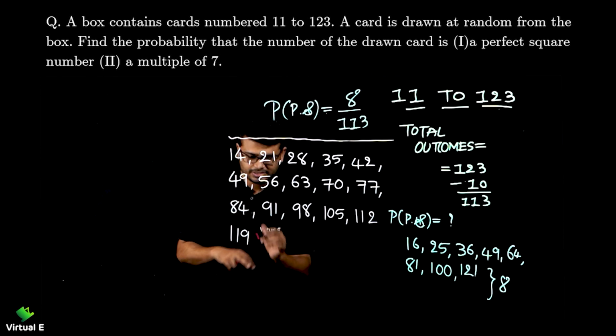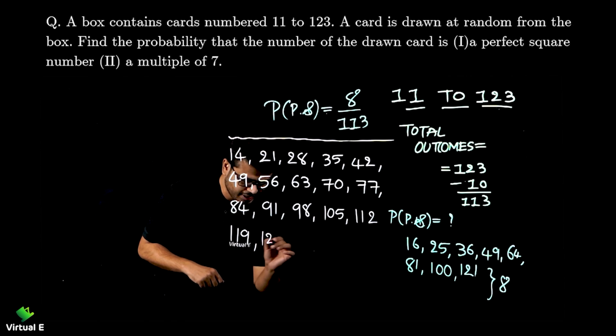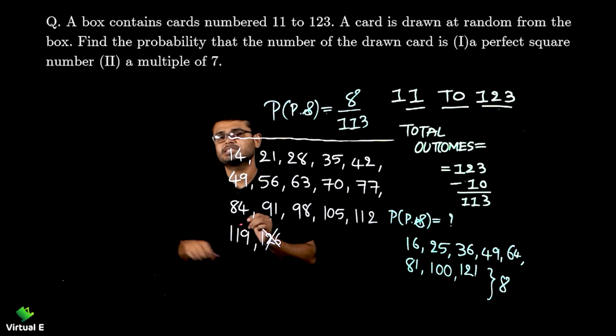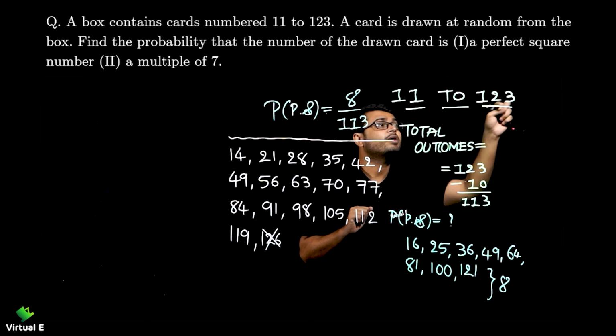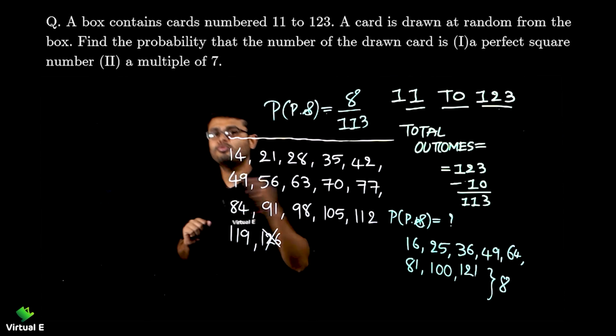If you add 7 again, that will be 126, but we cannot take 126. Why? Because 123 is our limit. We cannot go more than that.